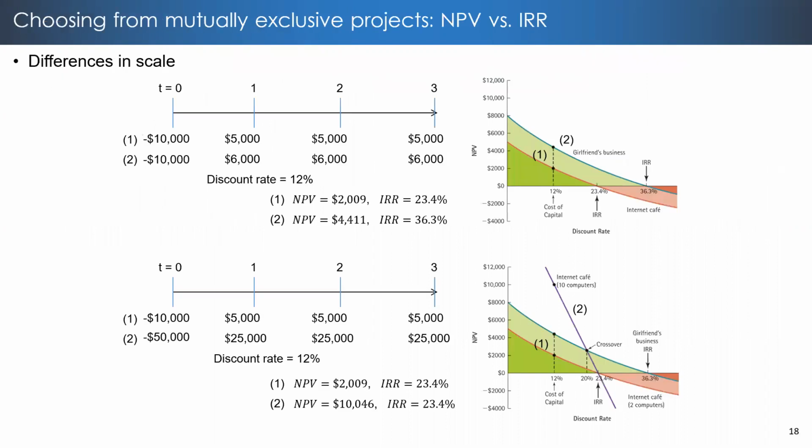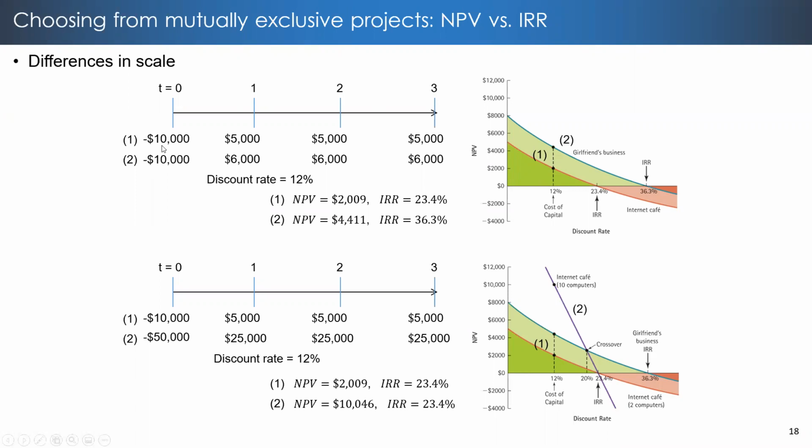Okay, so here are some examples. I do not require you to fully understand the detail for each example, but these are basically the scenarios where conflicts might arise between the net present value and the IRR rule. For the first case, we have two projects.